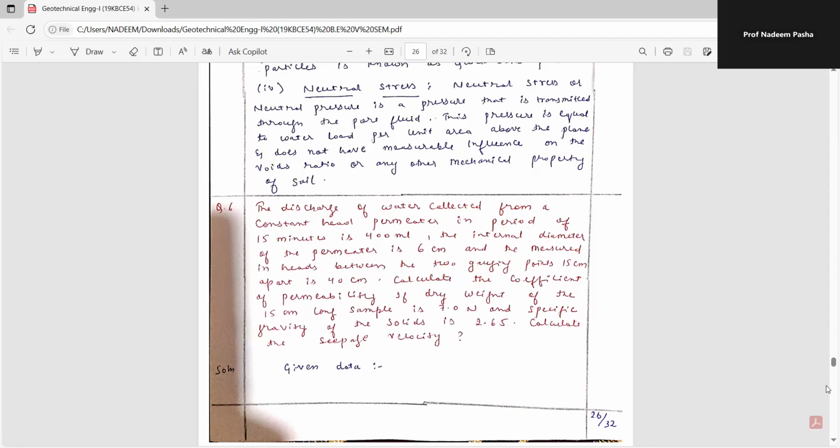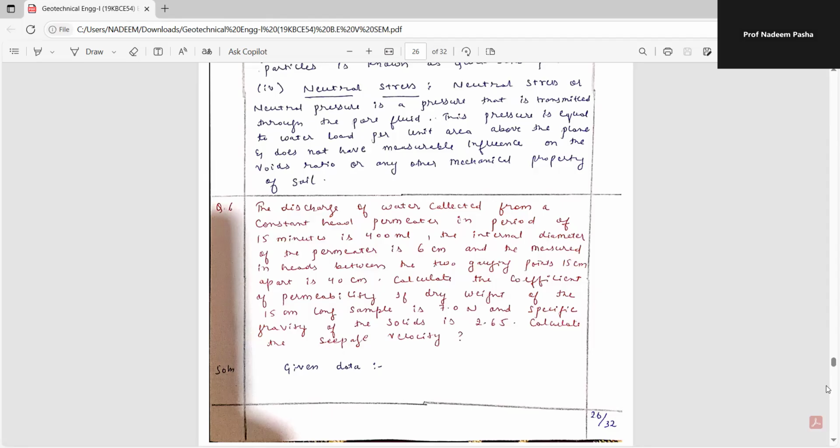The discharge of water collected in a period of 15 minutes is 400 ml. Discharge is given and time is given, 15 minutes. The internal diameter of the permeameter is 6 centimeter.